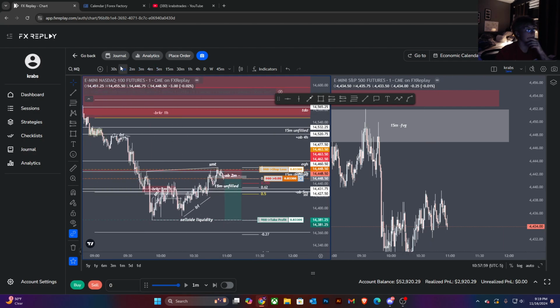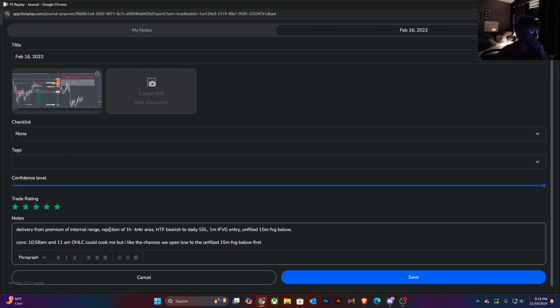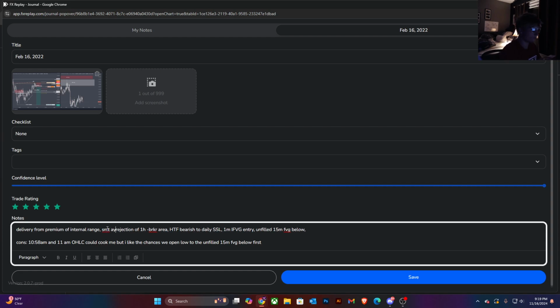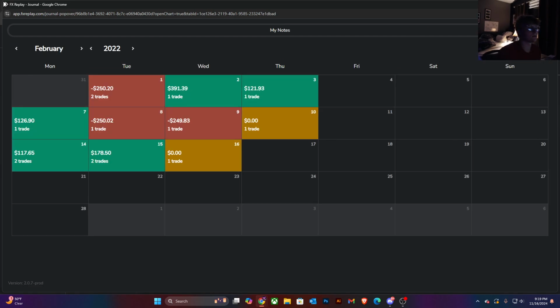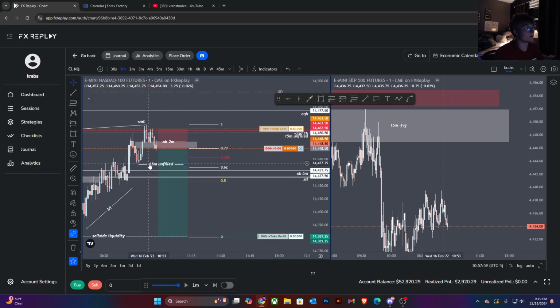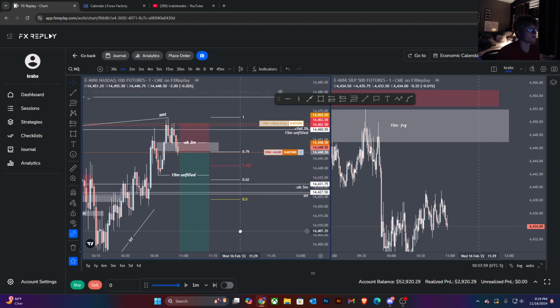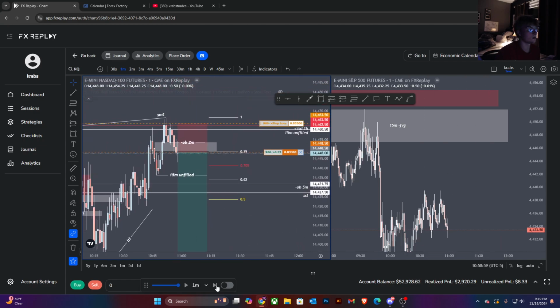Oh, also SMT. Intermediate high. So, looks good. Let's try it. See if this plays out. We're gonna break even here at this 15-minute unfilled fair value gap and take partials at 101, leave a runner. But it looks good.